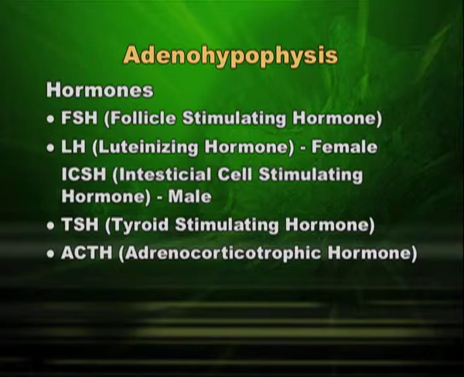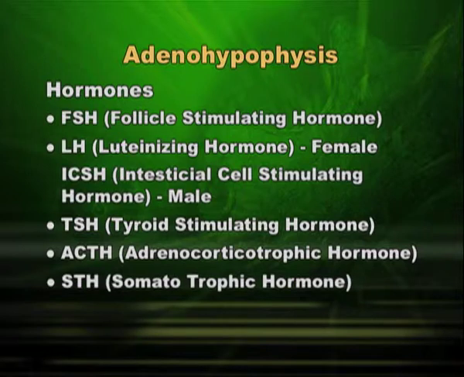Cortex means corticotrophic hormone. Coming to the next one, the growth hormone or STH, somatotrophic hormone. As the name indicates, it acts on each and every somatic cell in our body and hence helps in the growth of the body, and hence it is also called growth hormone.